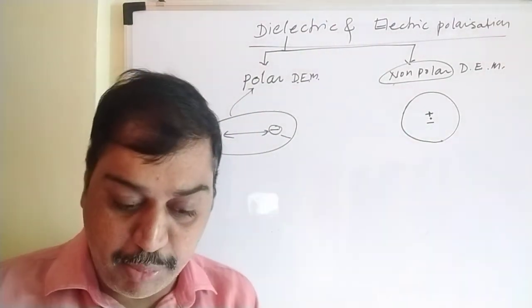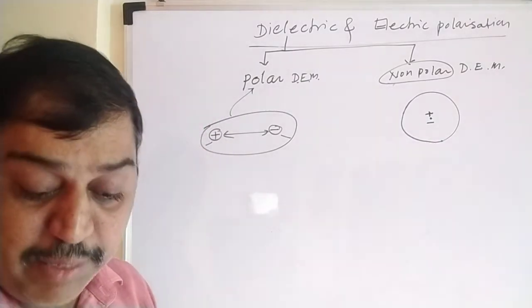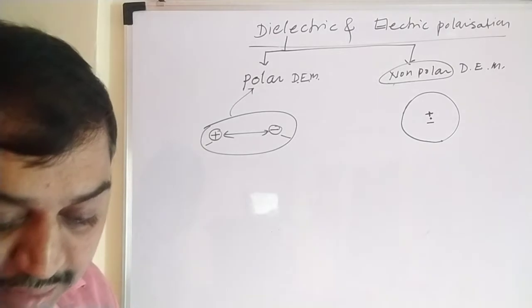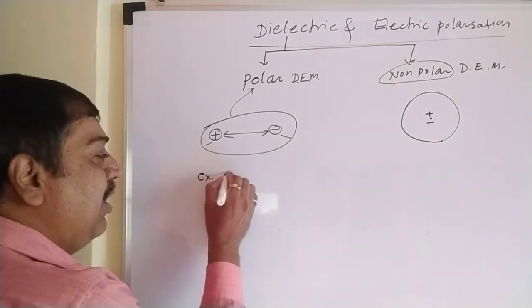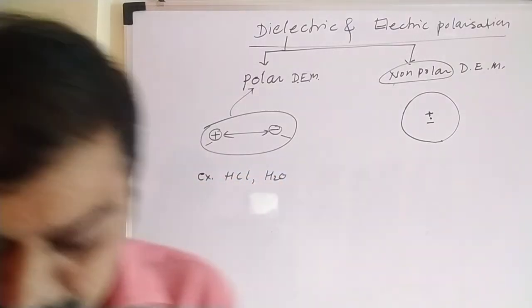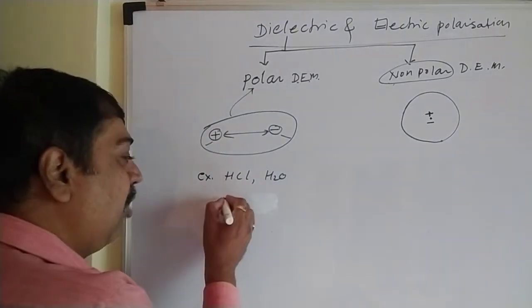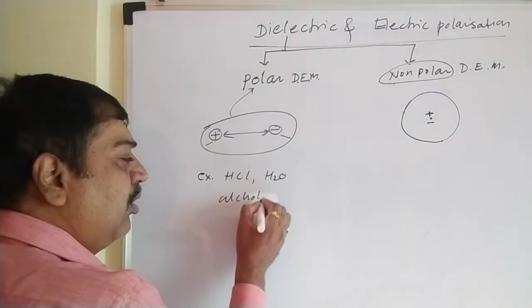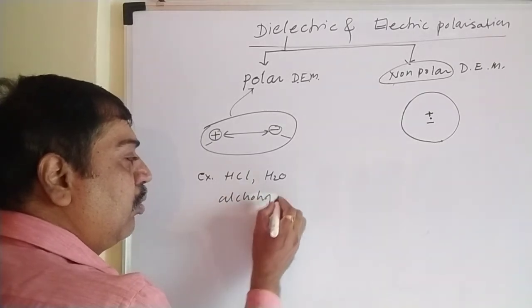In the case of polar material, examples are given in your book, figure 8.18b and c: HCl or H2O. Apart from this, they have mentioned more examples: alcohol, NH3.